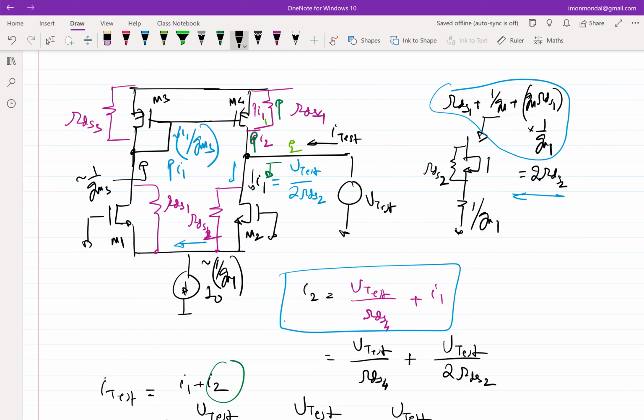As far as the mirror is concerned, it doesn't know whether it is mirroring a changing current or a constant current. And if you don't want to do that, you replace it with a small signal equivalent and see whether the gate is getting excited. If the gate is getting excited, it will obviously translate to the current getting excited in the mirrored branch, right? Okay, fine. Let's stop here. Thank you.